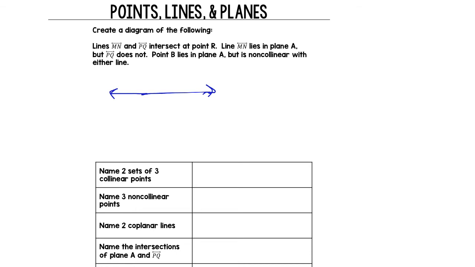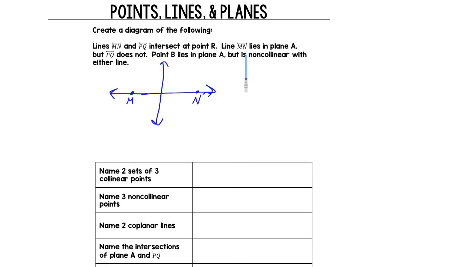So we've got an M and an N, and line PQ. You know, let's finish reading it before I draw any more.